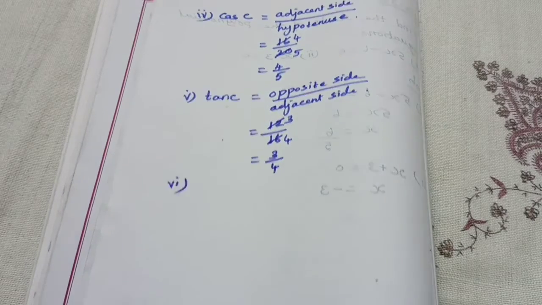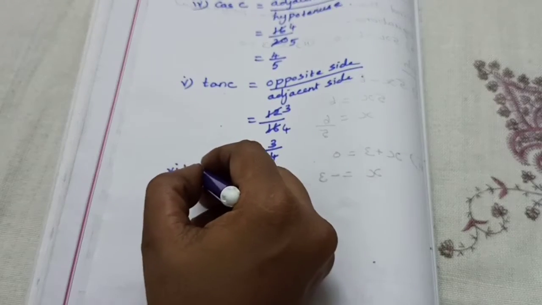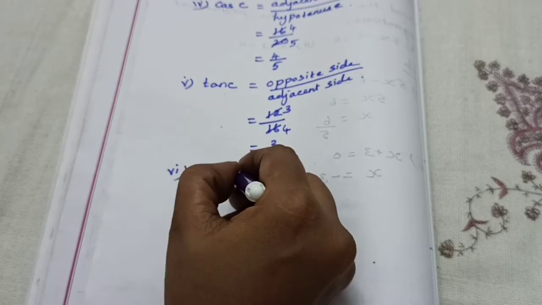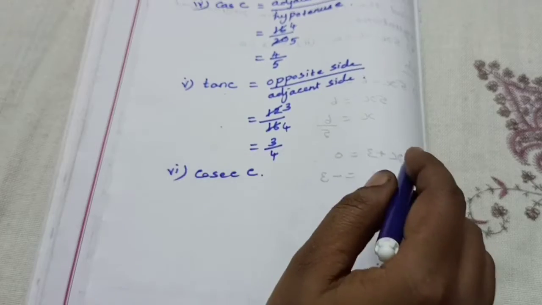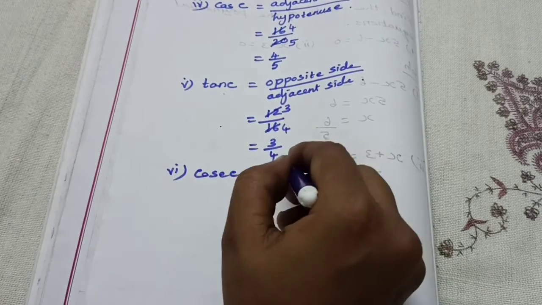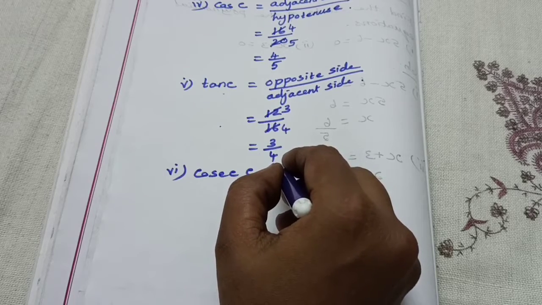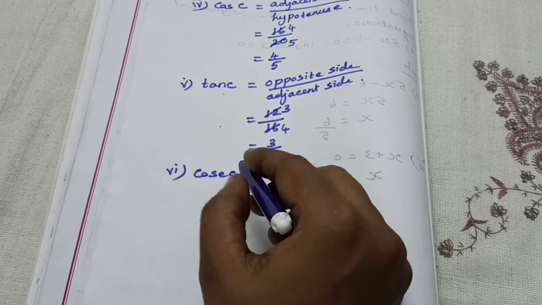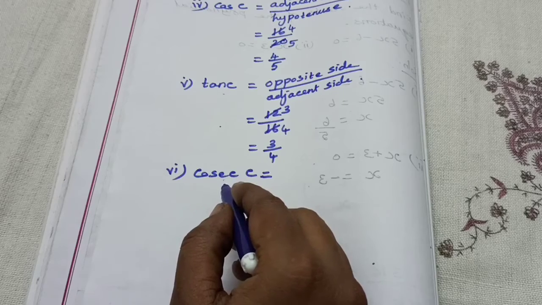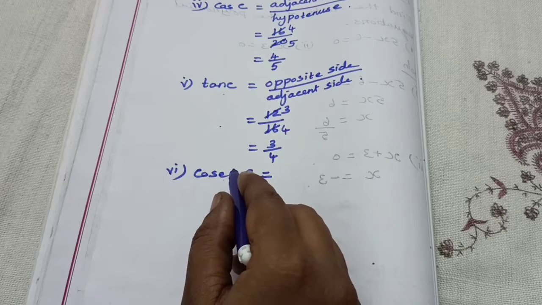Then sixth one. Sixth one, what is given? Cosecant C. Okay. Cosecant C is equal to, what's the ratio? Hypotenuse divided by opposite side. Suppose you don't know, how can you find this one?